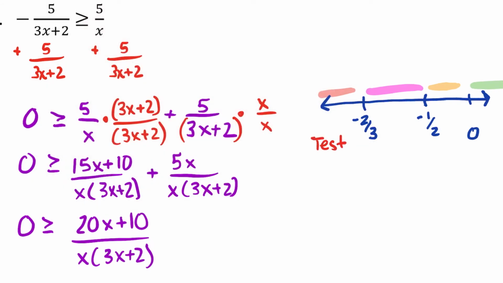So if I test something less than -2/3, like say -1, I could plug it into my original and see if it makes it true or not. You can plug it into the version that has 0 on one side, but I always just go back to the original. I think it's easier. And that one gives me 5 is greater than or equal to -5. That does work.